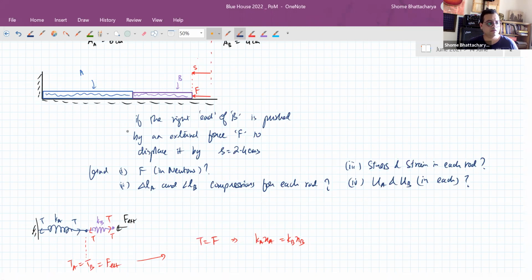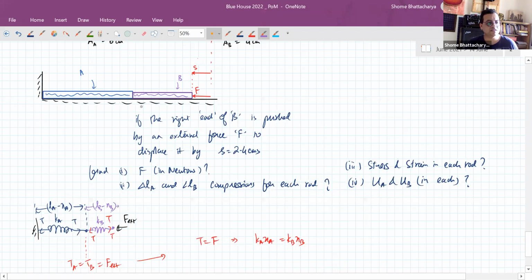Where this is having a compression of Xa from its natural shape, and this is having a compression of Xb from its natural shape.